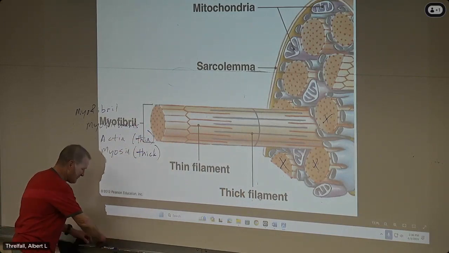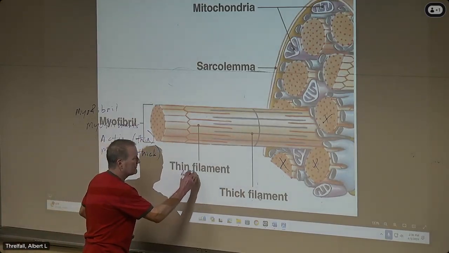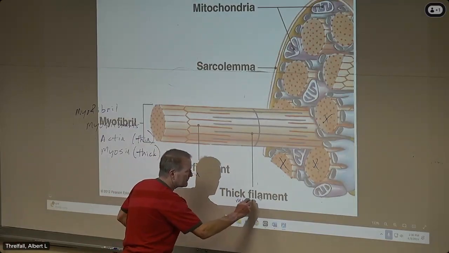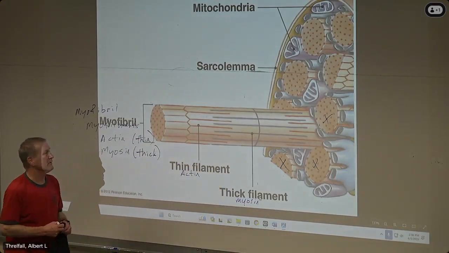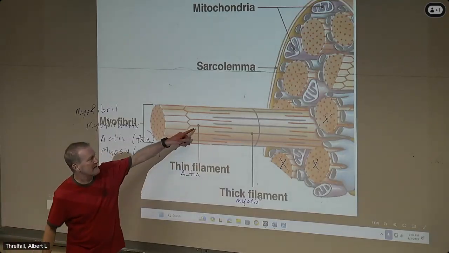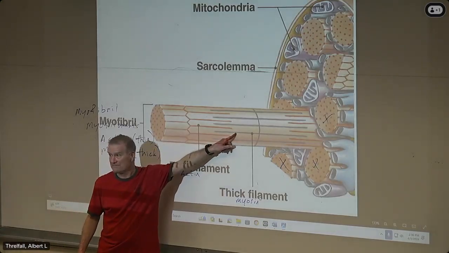Now the thin one, as I've already told you, is actin, and the thick one is myosin. And I agree with you. It's a cheesy picture because I don't see any difference in the thickness of actin versus myosin.